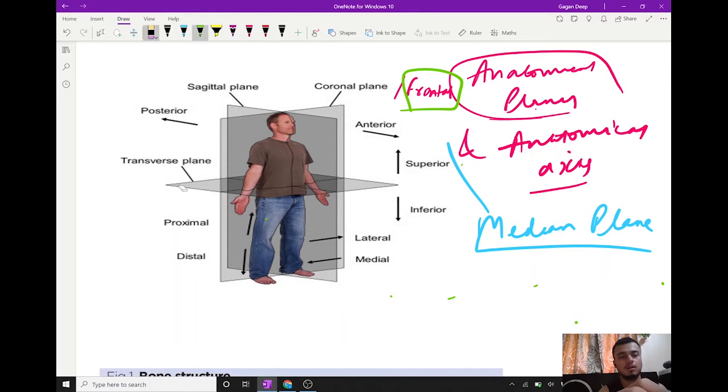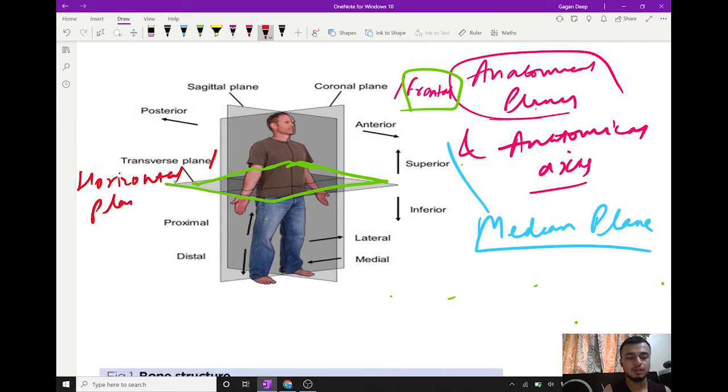Now I'll draw the boundaries of the transverse plane. See, here it is, and it's passing behind him. It divides the body into upper and lower halves. This is also known as the horizontal plane. Simple.